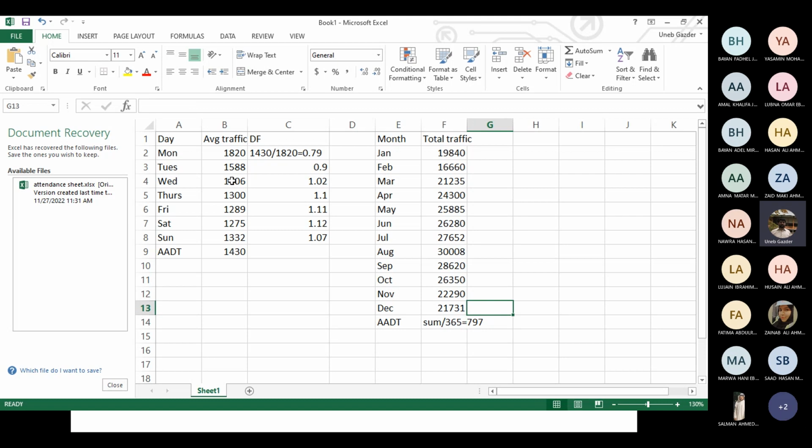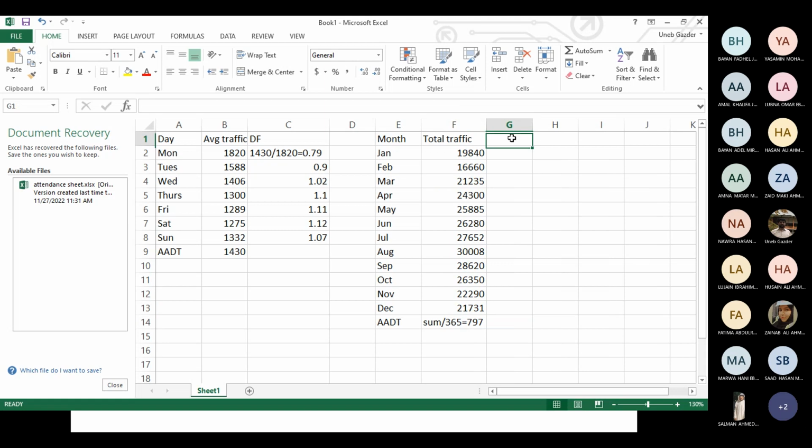Now I will calculate ADT for each month. I need the number of days in that month because I need the average traffic of the month. So traffic of the month divided by number of days in the month. January has 31, February has 28, and then 31, 30, 31, 30, 31.